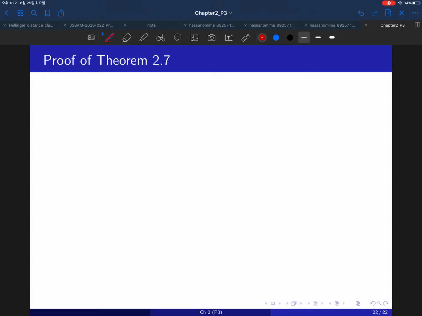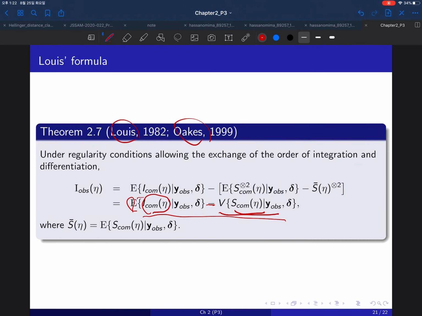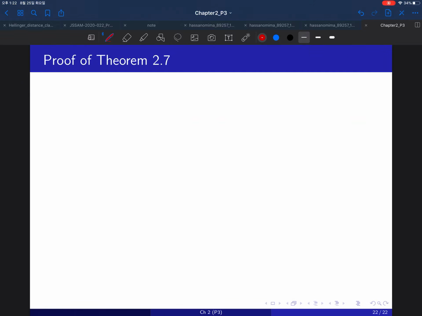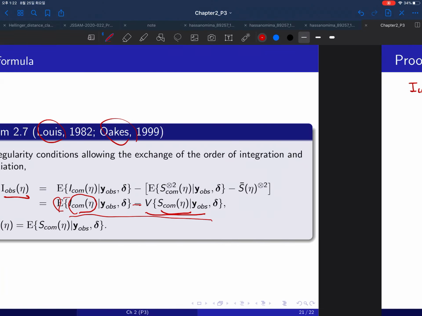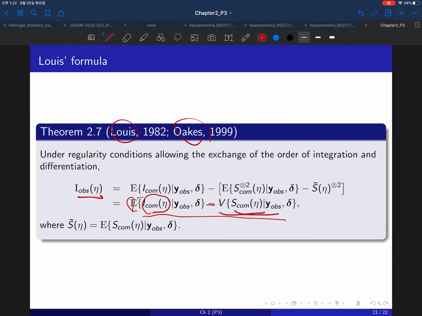So how to prove it? Well, we want to derive this. So what is this? ICOM. The important thing is that we are not interested in deriving this. This is expected. This is observed.